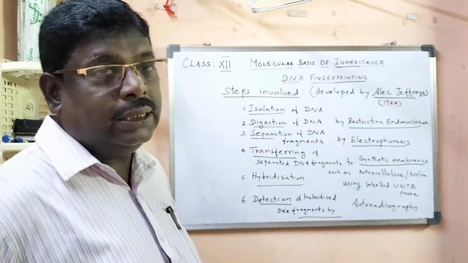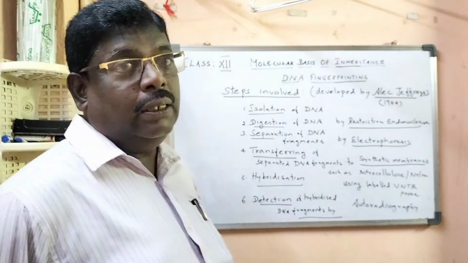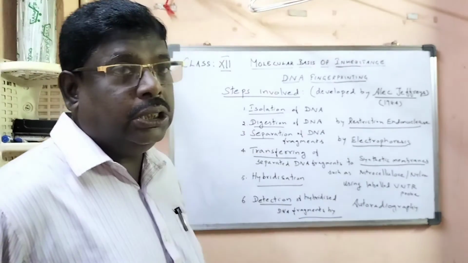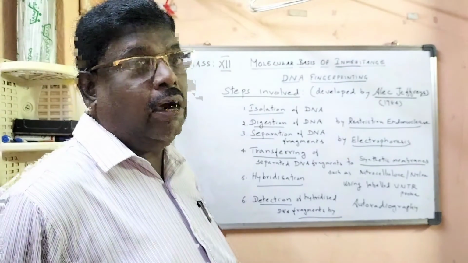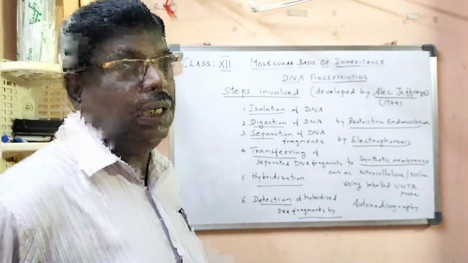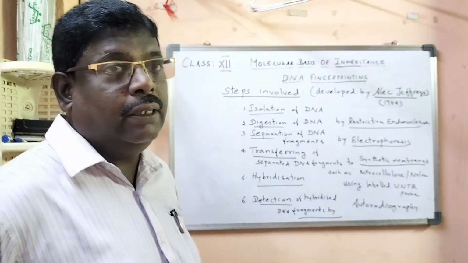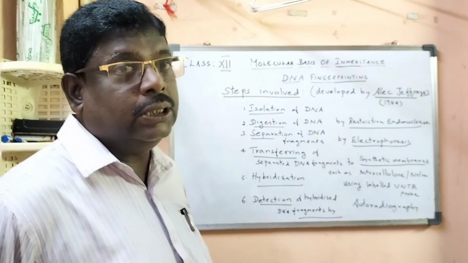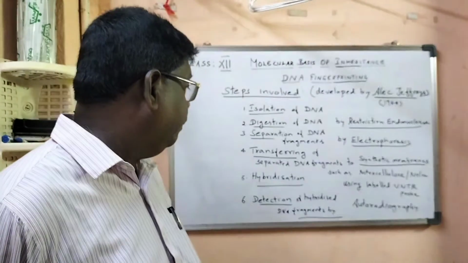To understand better, first you have to know the terms and meanings thoroughly. So hybridization is done by labeled VNTR probe, variable number of tandem repeats. This can also be asked for a 1 mark: variable number of tandem repeats probe, VNTR probe.